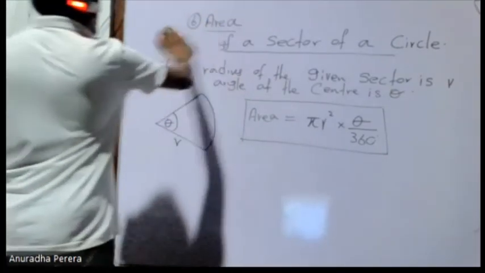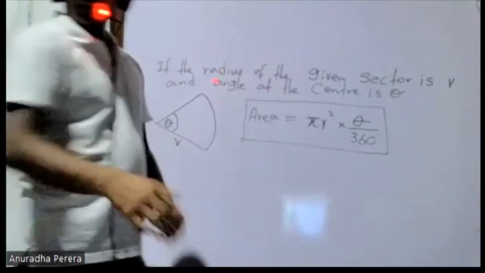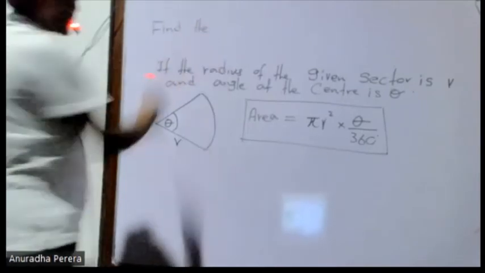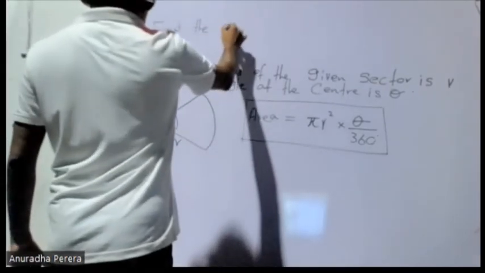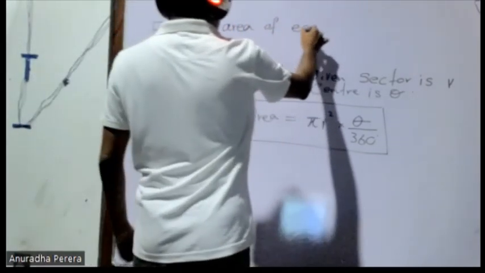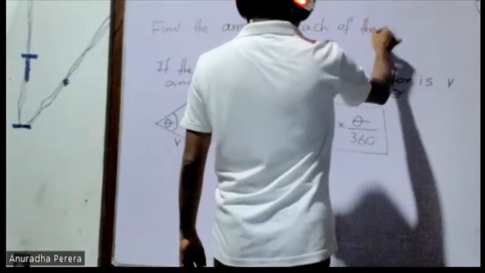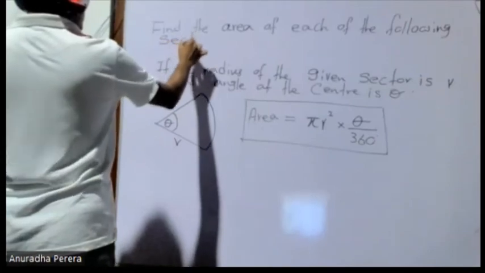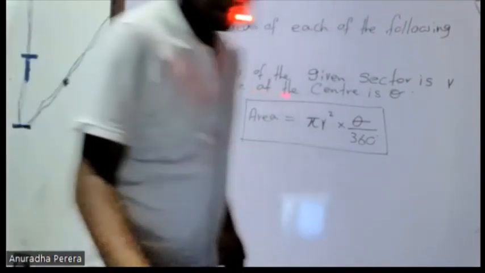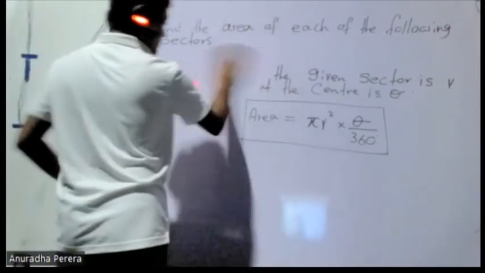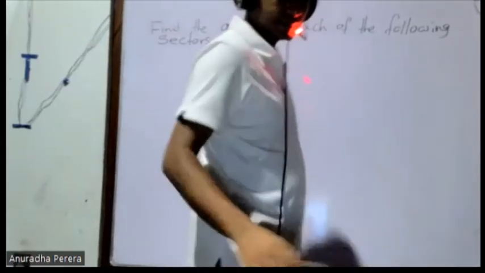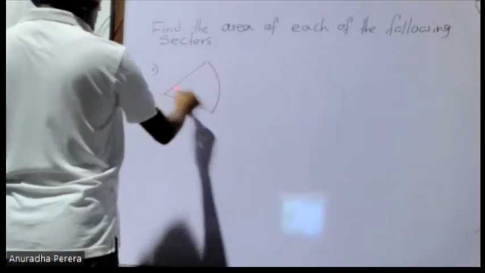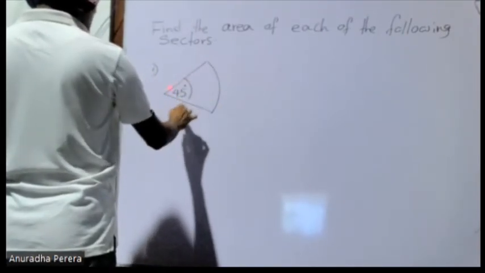Write down this question. Find the area of each of the following sectors. This angle is 45 degrees, radius 14 cm.